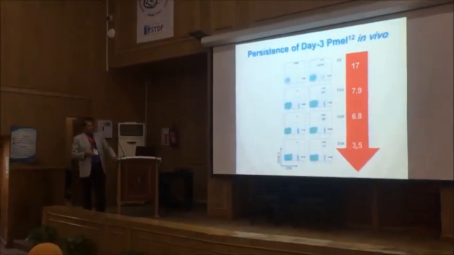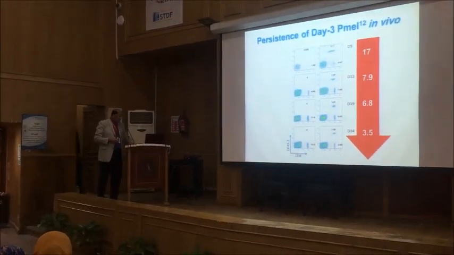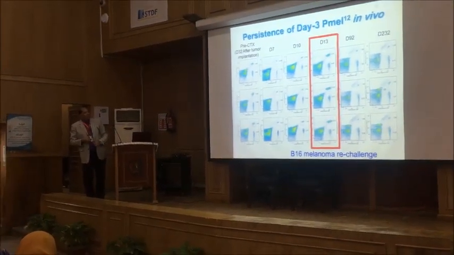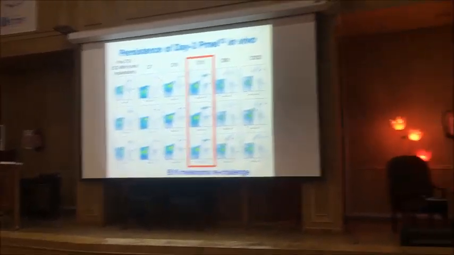And by the way, 3.5 is a significant number of cells after a month or so. Then we also looked at the kinetics of these cells on days 7, 10, 13, 90, and more days.